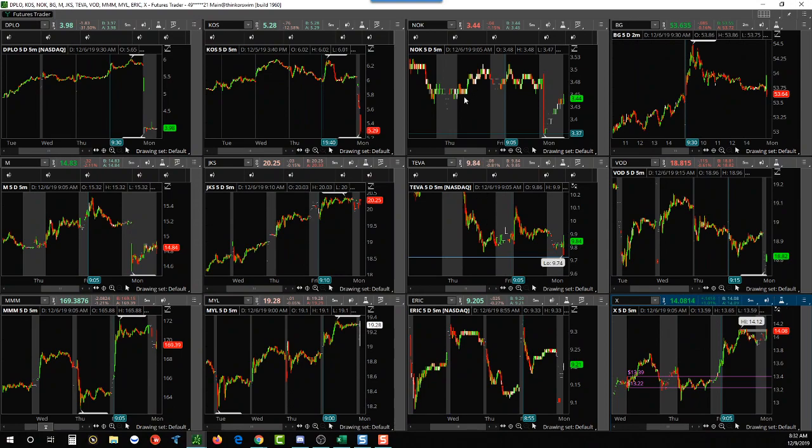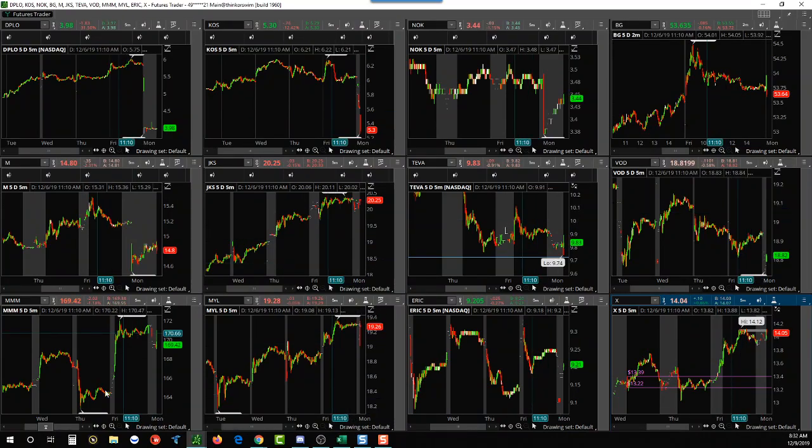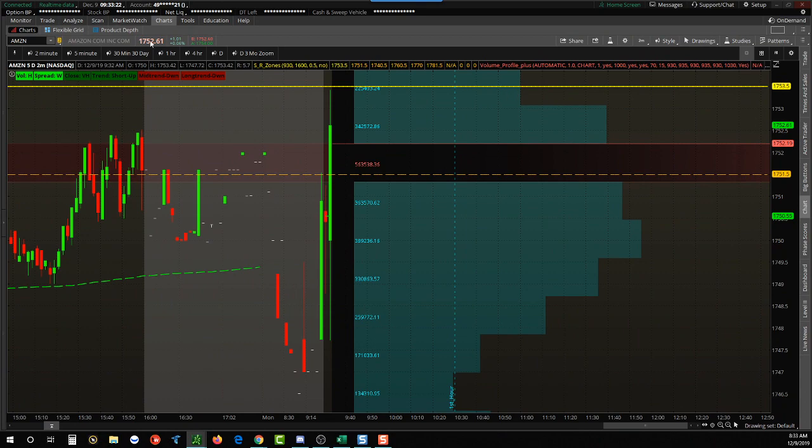So out of these gap downs, Nokia has almost closed the gap. 3M. Creed's giving a shout out on TVIX. Let me just kill that chart there.